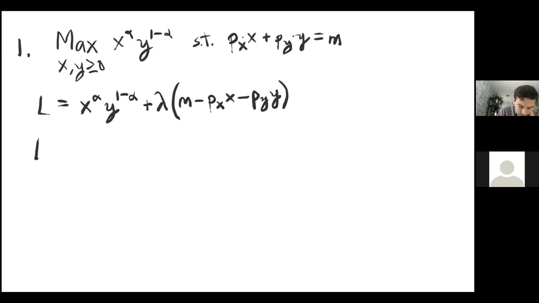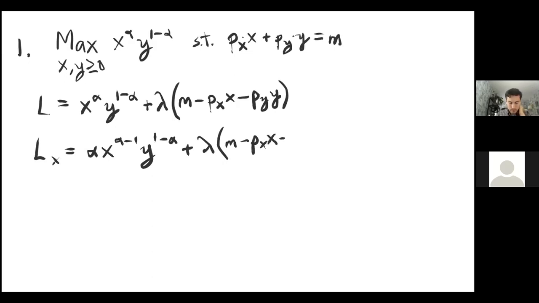We want to take the first order conditions. Alpha X to the alpha minus 1, Y to the 1 minus alpha, plus lambda M minus P X, X.